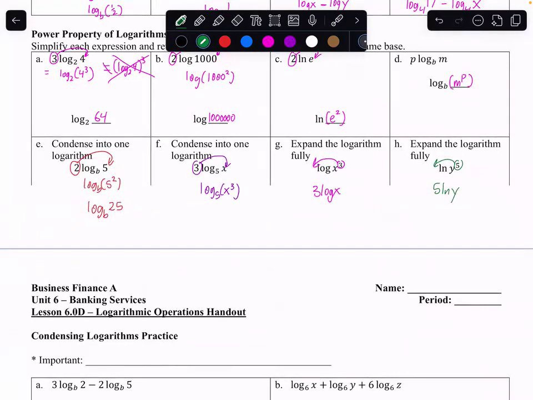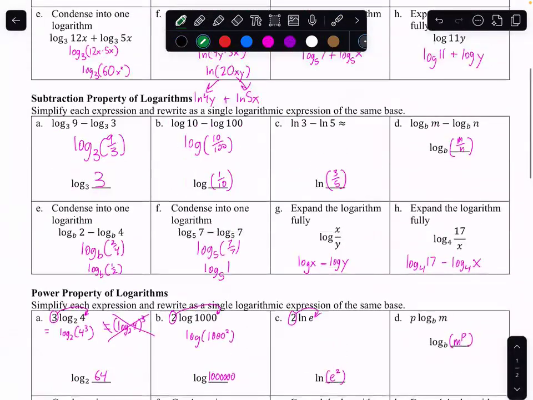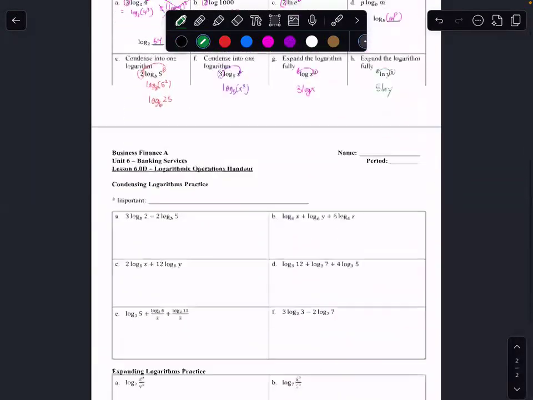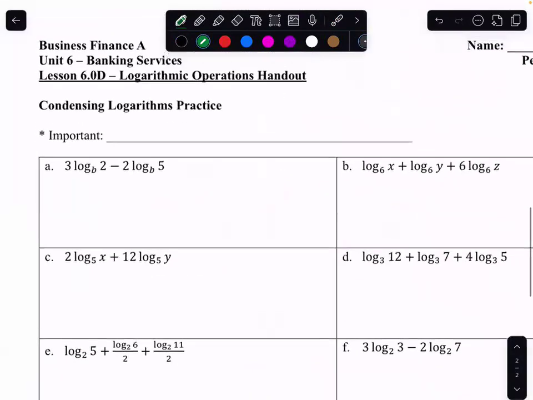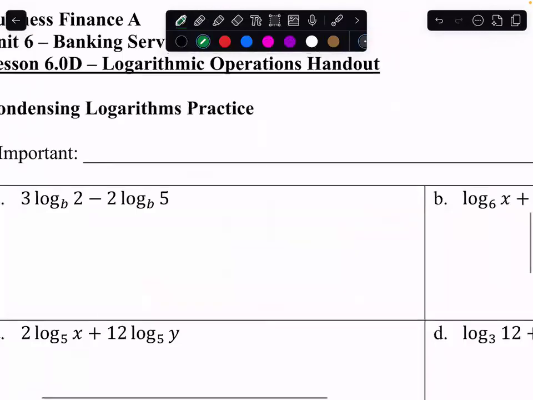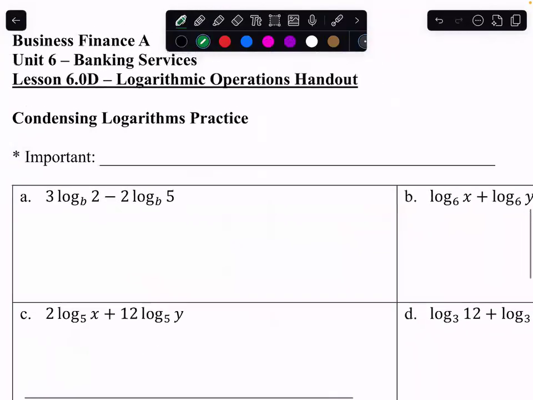Okay. So the 3 properties that we learned on this front page, now we're going to sort of combine them and use them all together. Okay, so on the back, there's one important thing you need to know before you can start combining.